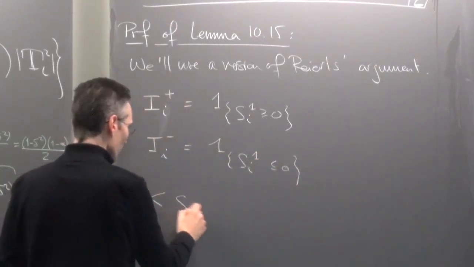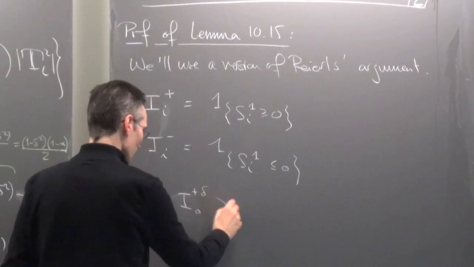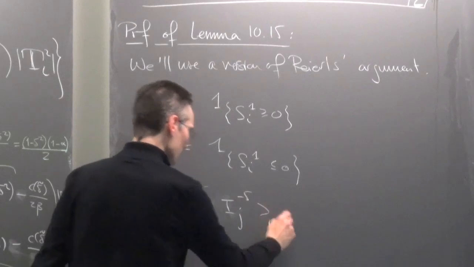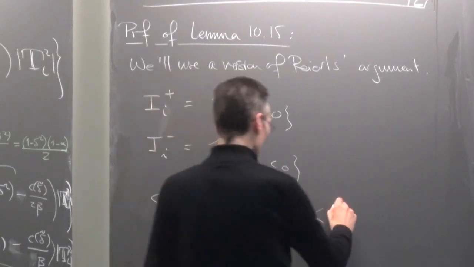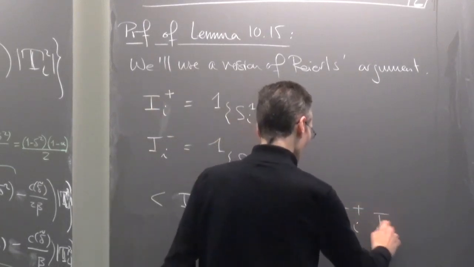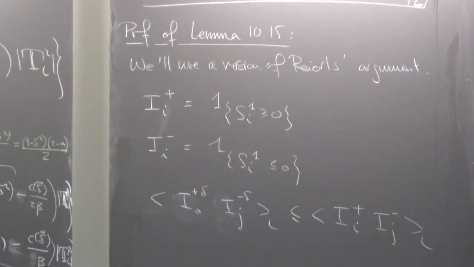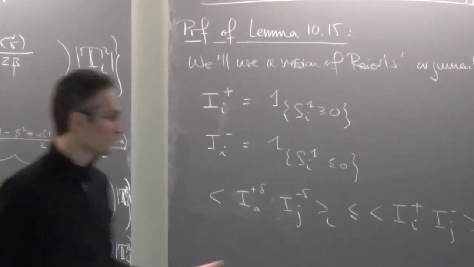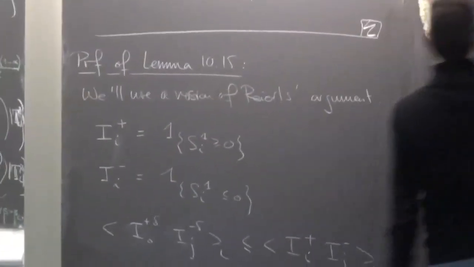Then I will just bound trivially the quantity we are interested in, I plus delta, I minus delta, by something which is rougher, which is just I plus, I_ij minus. I don't care that the components are large. I want the first component to point in different directions. In any case, they will be large because for energetic reasons they want to be large in principle. And if they are not large, that means that they are small, but we already know that small ones are unlikely. So that's a natural thing to do.